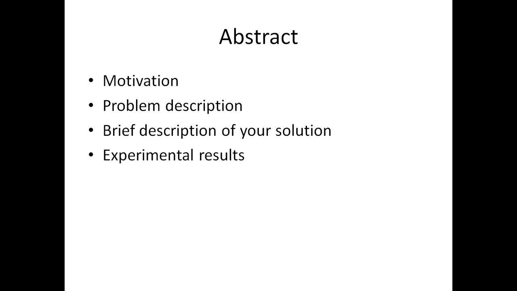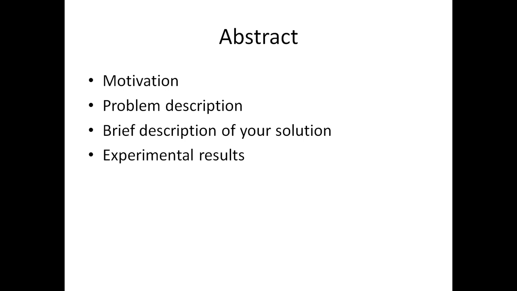And number three is a brief description of your solution. How you provide a solution for that particular problem, you should describe what that solution is. And number four is the experimental result. How you evaluate, how you test your algorithm, how you know that your algorithm is working well.